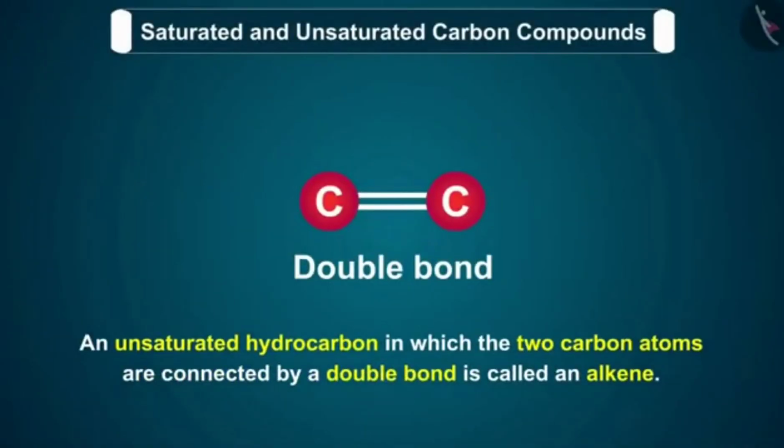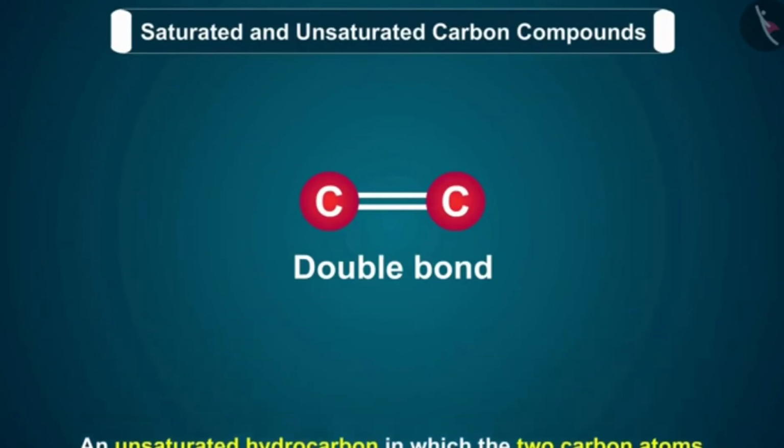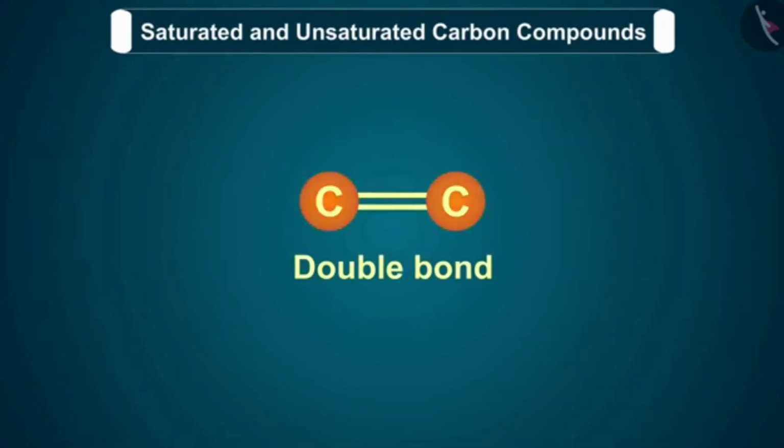An unsaturated hydrocarbon in which the two carbon atoms are connected by a double bond is called an alkene. So, these alkenes contain a double bond between two carbon atoms, which is formed by the sharing of two pairs of electrons.